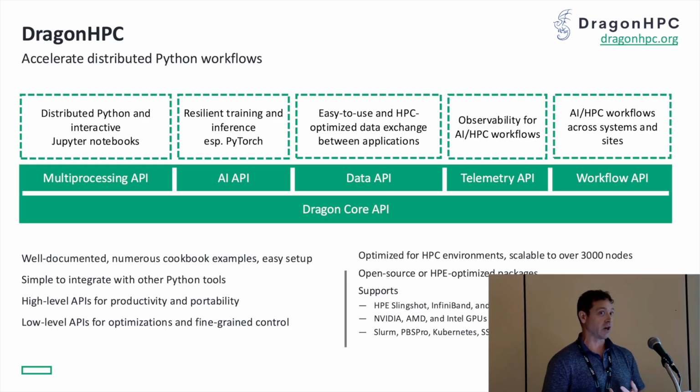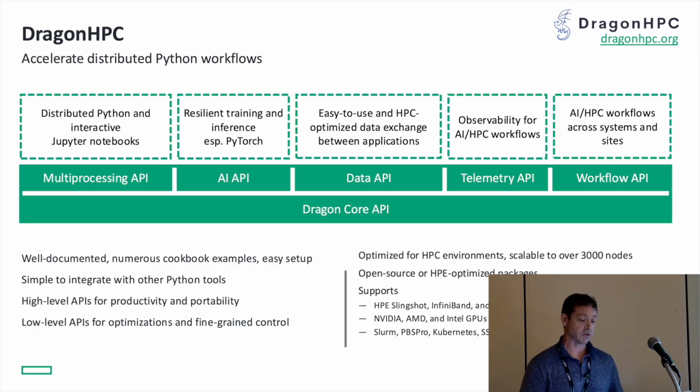We're early in our DAOS journey of being a middle layer that can lift DAOS up into user applications, maybe in a sneaky way without them even knowing. Along the way, we have this AI API that's really around orchestration of PyTorch processes and also some data loading features, and telemetry and our workflow APIs are all relevant too, but given time, I'm going to just focus on the data API.